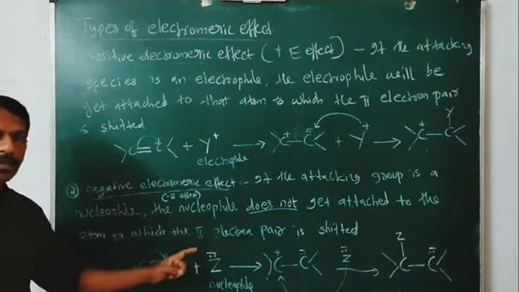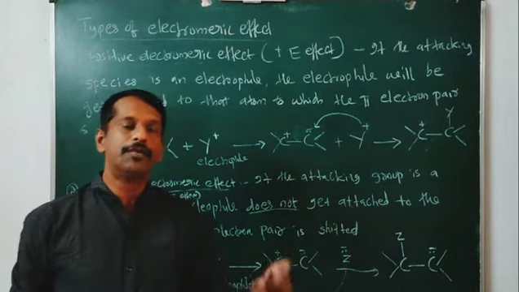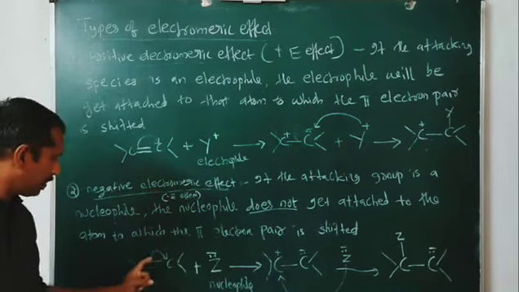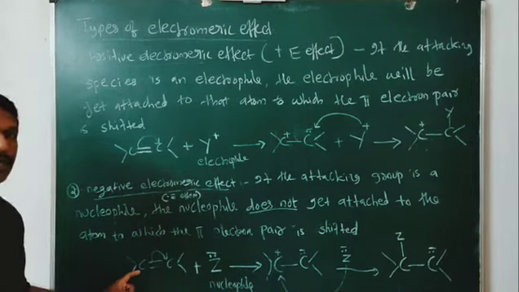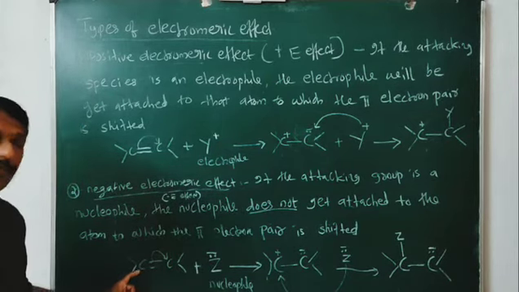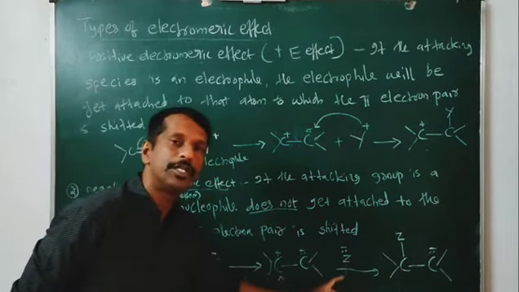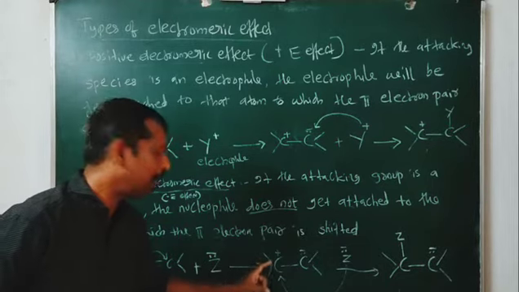In the negative electromeric effect, a nucleophile is attacking. The nucleophile does not attack the carbon to which the pi electron pair is shifted, but goes to the other carbon. That means the nucleophile will always go to the atom which has a positive charge, because the nucleophile has a negative charge.